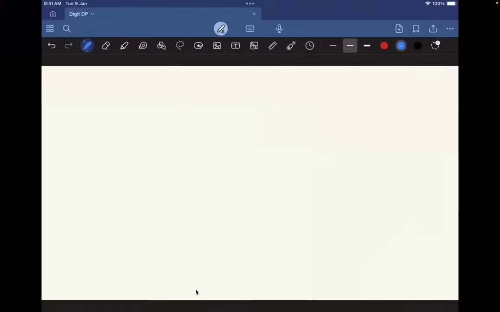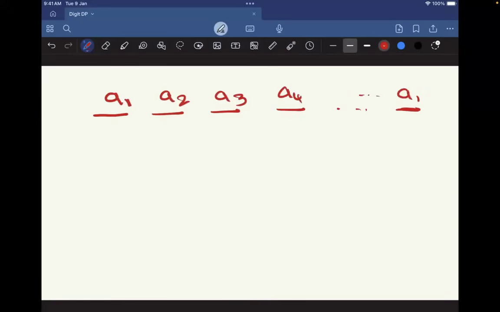So guys, what does the problem say? The problem says that you are given an array of length n, with elements a1, a2, a3, a4 up to an. In one operation, what can you do? You can choose two indices i and j such that they are not equal, and you can set ai to -ai and aj to -aj.